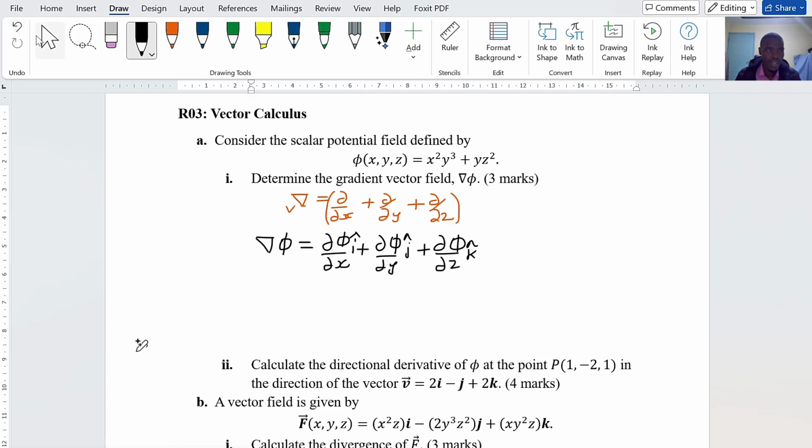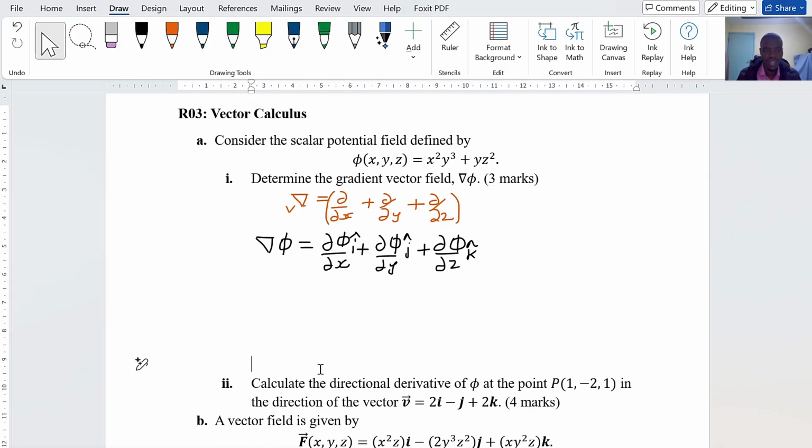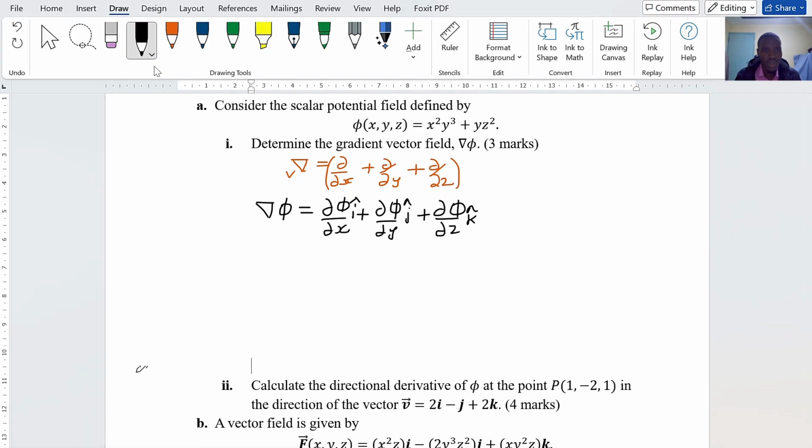So let's start by solving for each part, and then we put it in our equation. So let's start with d phi over dx, and that is i. This will be d over dx. Now our phi was given to be x squared y cubed plus y z squared. So we are going to differentiate that with respect to x, and then this will be i.